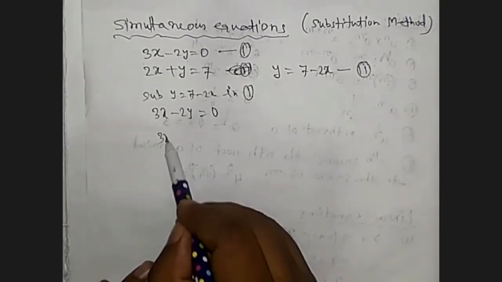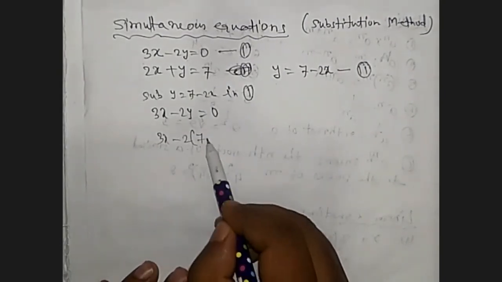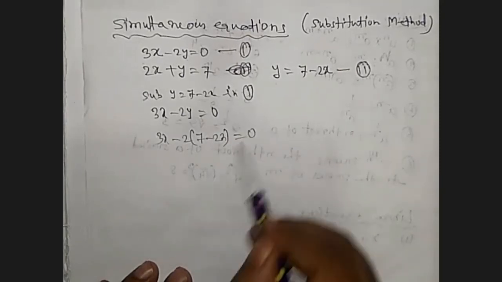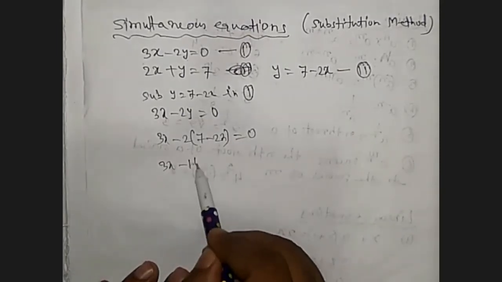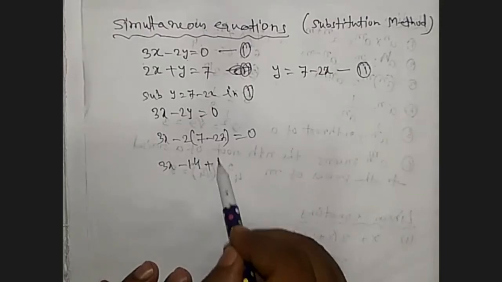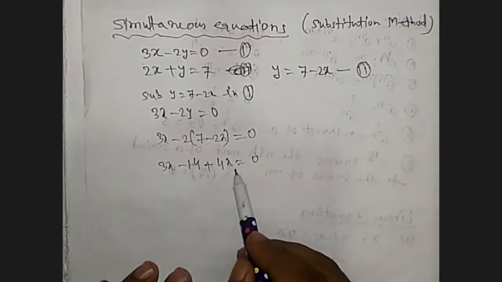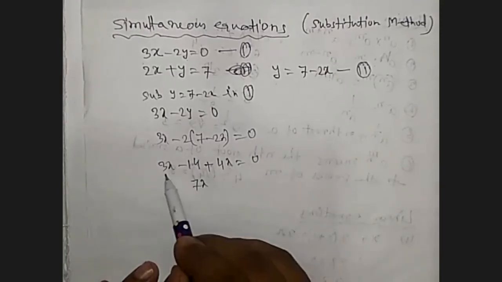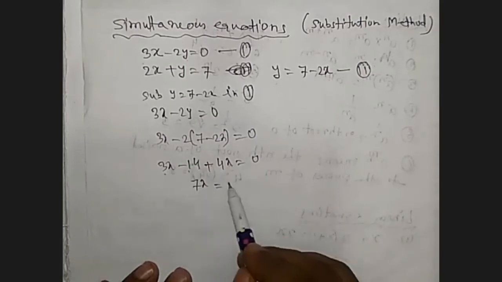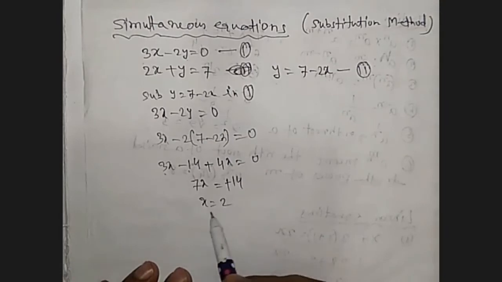So 3x minus 2, 7 minus 2x equals to 0. So 3x minus 14 plus 4x equals to 0. So that is 7x, 14 goes, sorry, plus 14. So x equals to 2.